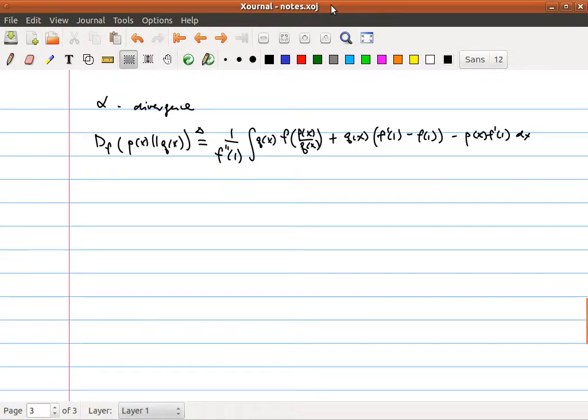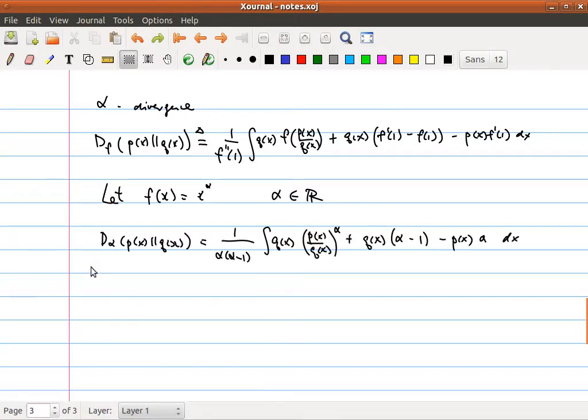Okay, what I'd like to talk about next is a special case of the f-divergence known as the alpha divergence. It's a special case basically obtained by substituting f(x) as x to the alpha, where alpha is any real number, from negative infinity to infinity.